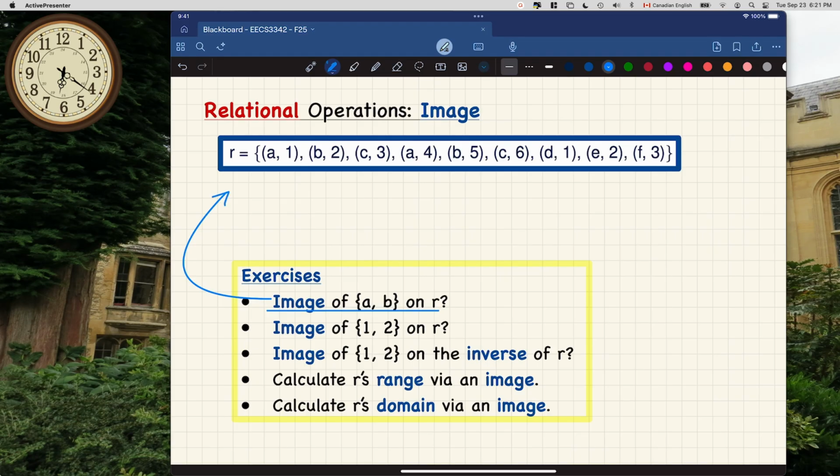The way to write it is, I have this relation R right here. Square brackets, a little bit like an array indexing notation, okay? And here is going to be a set. And presumably, the set should be a subset of the domain of the relation. It should be.